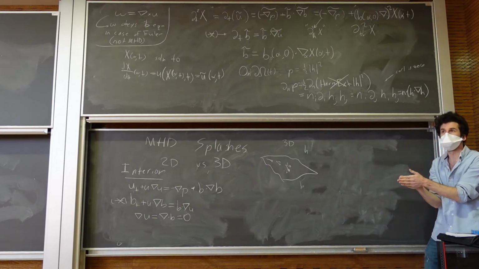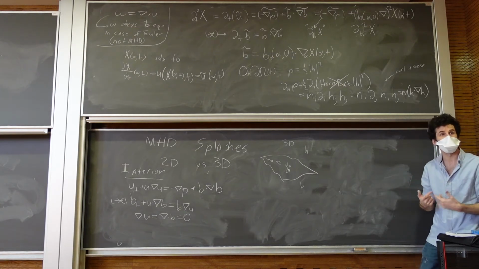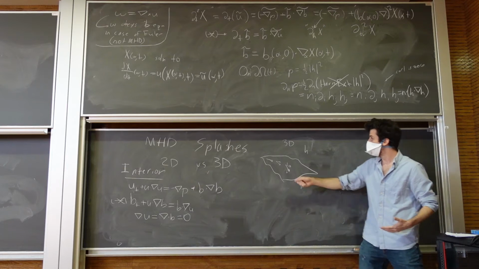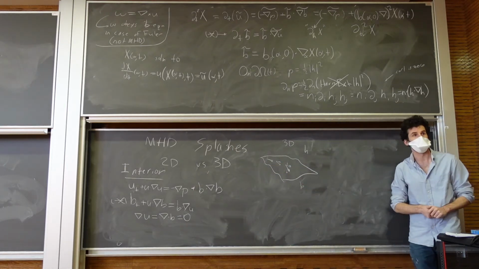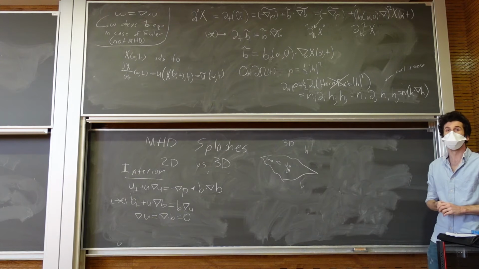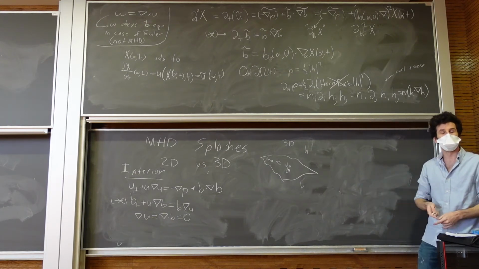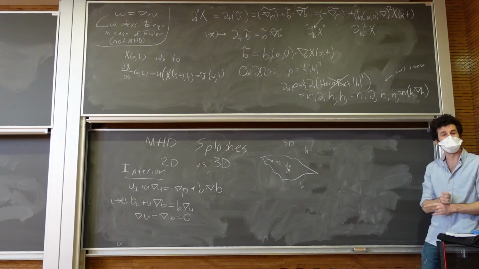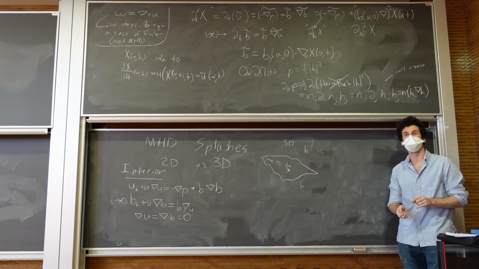And essentially what happens is that when you try to close estimates, you find that you can't control the evolution perpendicular to these vectors pointing in the same direction. So what a lot of people do when they solve the free boundary problem for MHD is they just assume that everywhere on the surface the two vectors are in different directions. It's called the non-collinearity condition.